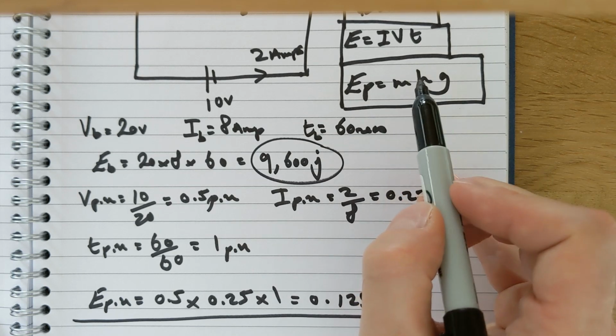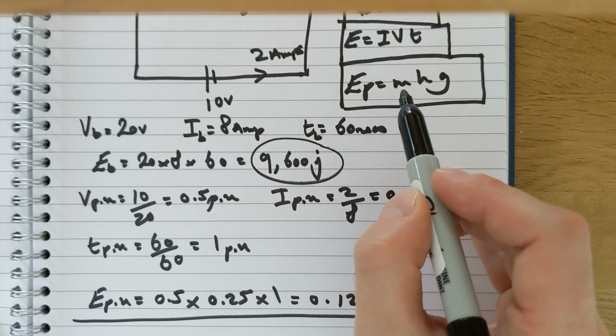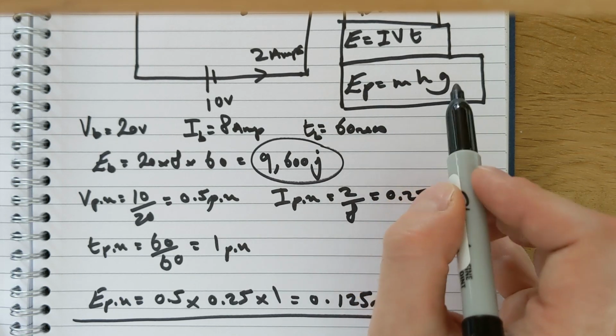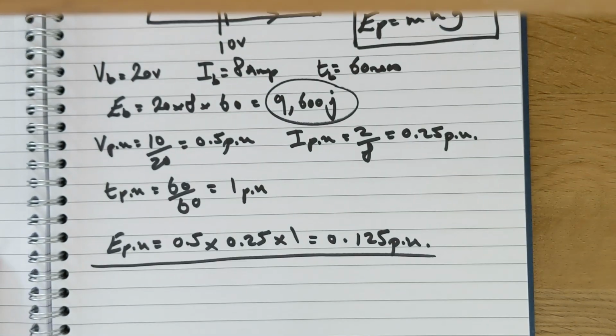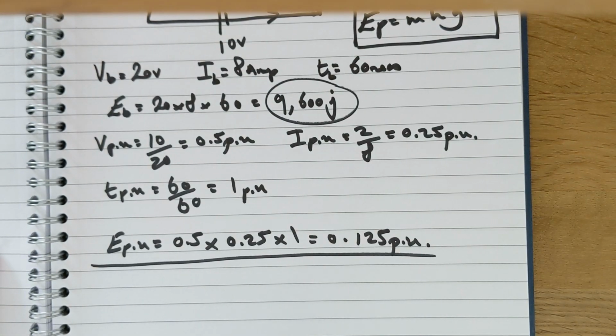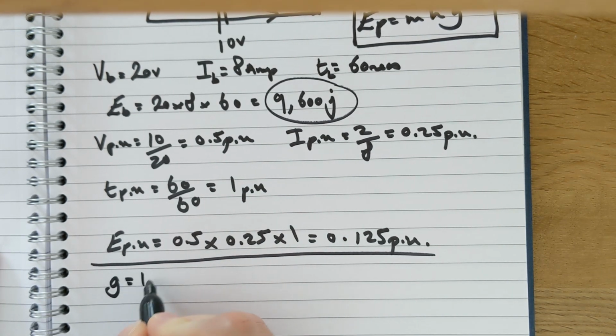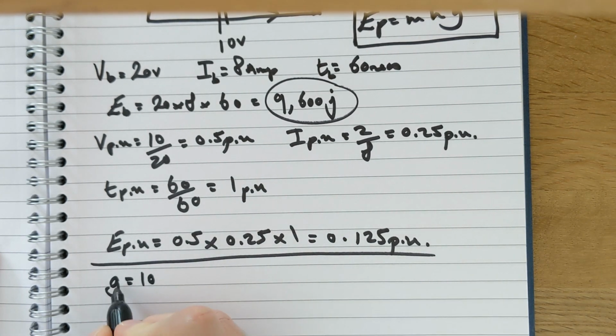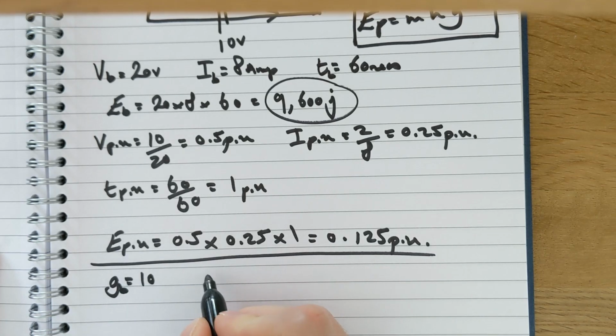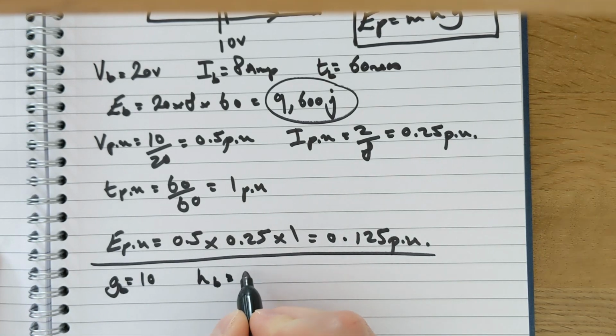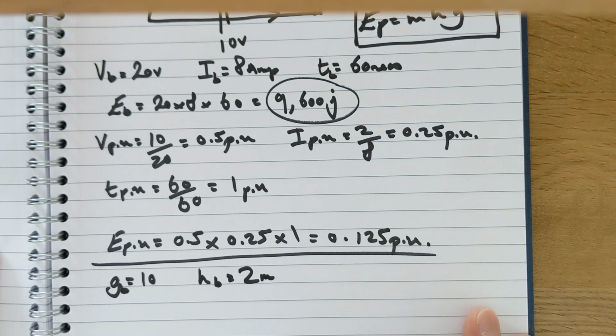One's been defined or carried across from the other, and therefore we need to define 2 further ones and calculate the last one. So let's define G base, as usual, as 10. And our height base, let's make it 2 meters this time.